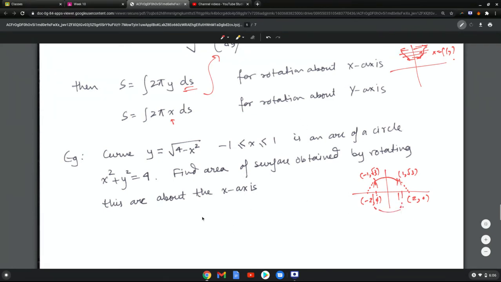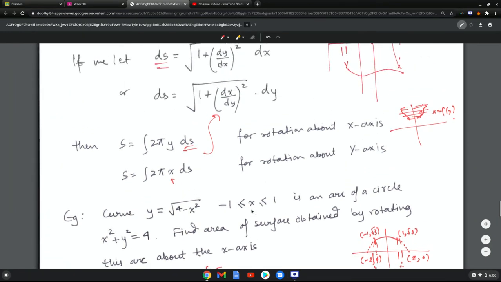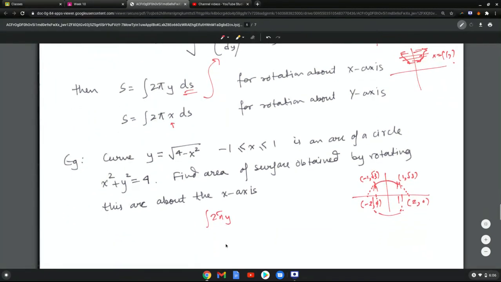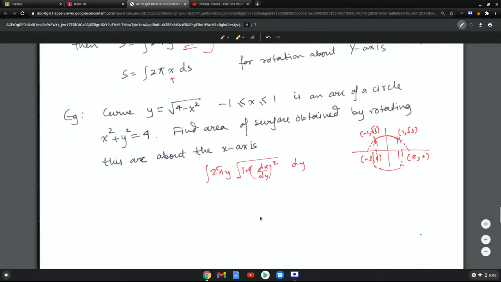So about the x-axis it is going to be 2 pi y ds, and I'm going to use the one with dy, because I want dy. So this is going to be the square root of 1 plus dx over dy squared, dy. So let's take the derivative. I get 2x plus 2y dy over dx equals 0.